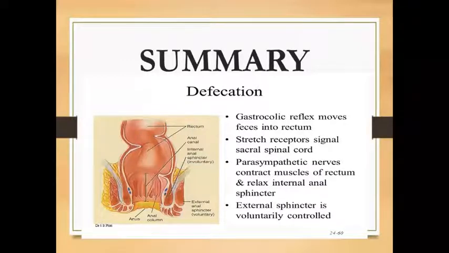Okay. But what happens in case of diarrhea? So sometimes you can have a diarrhea that could be infective diarrhea if there is bacteria that is proliferating within the rectum. There will be toxins that will be released there that will irritate the mucosa of the rectum. So if the mucosa of the rectum and the mucosa of the colon is being irritated, there will be peristaltic rush.